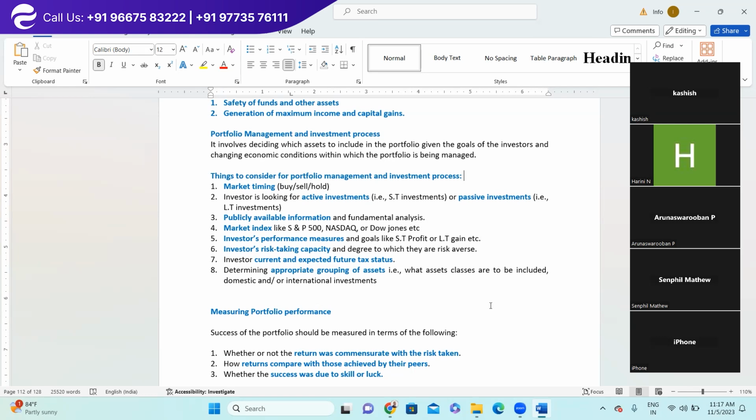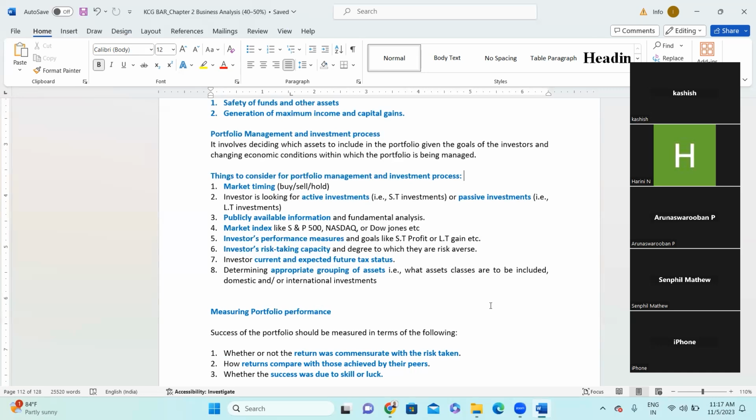Let's assume the individual has a taste and preference to invest more in pharmaceutical or healthcare companies. Then as an investment manager, we will identify a portfolio and mix of pharma companies which are good and stable, in the top 10 or top 15, some from the mid cap and some from the lower cap, and then based on the risk appetite of the individual investor, you'll select certain investments, right? So what all things will you keep in mind?